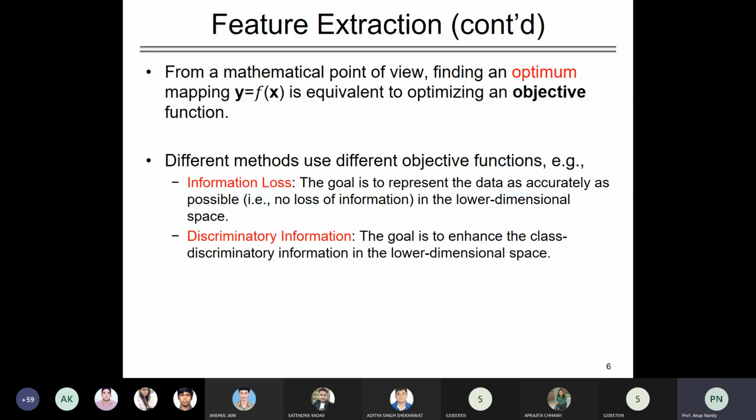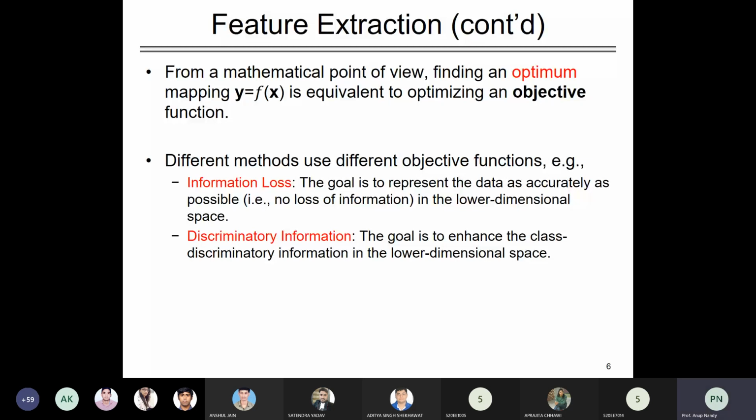Different methods use different objective functions. Like if you have the information loss, how much loss is there, we have already established one theory in the previous class. So you have the absolute error and the relative error that we have already found out.